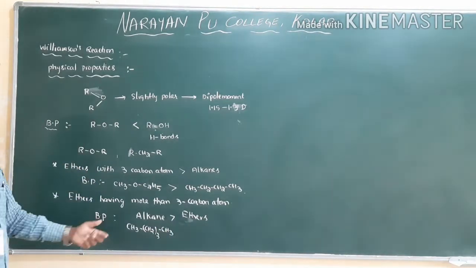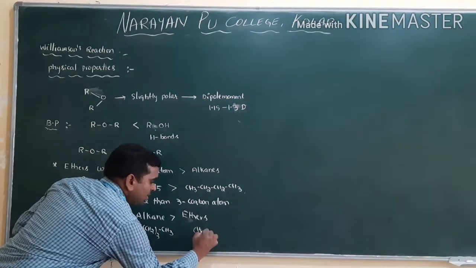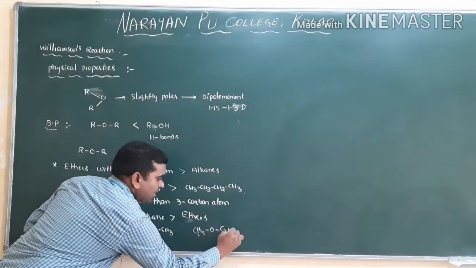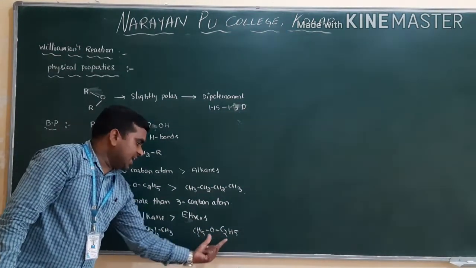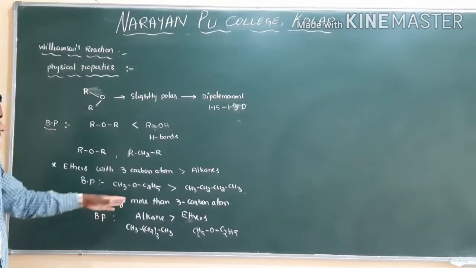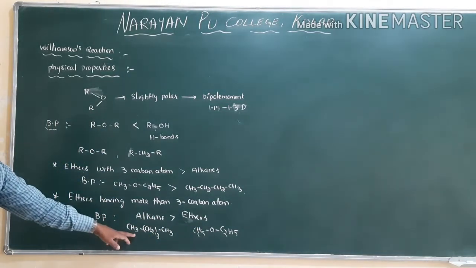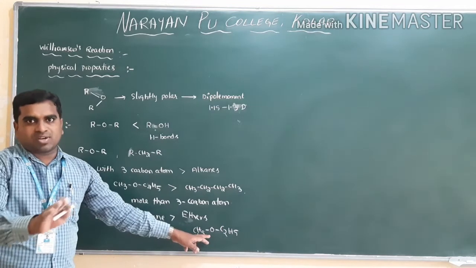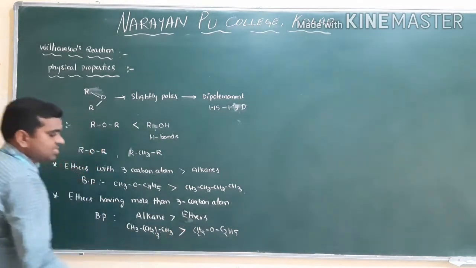This is pentane. Now I will write here C2H5 and C2H5. You know, this is n-pentane and this is diethyl ether. Actually, ether is somewhat more polar than alkanes, so it should have slightly greater boiling points, but that is only up to the third carbon.